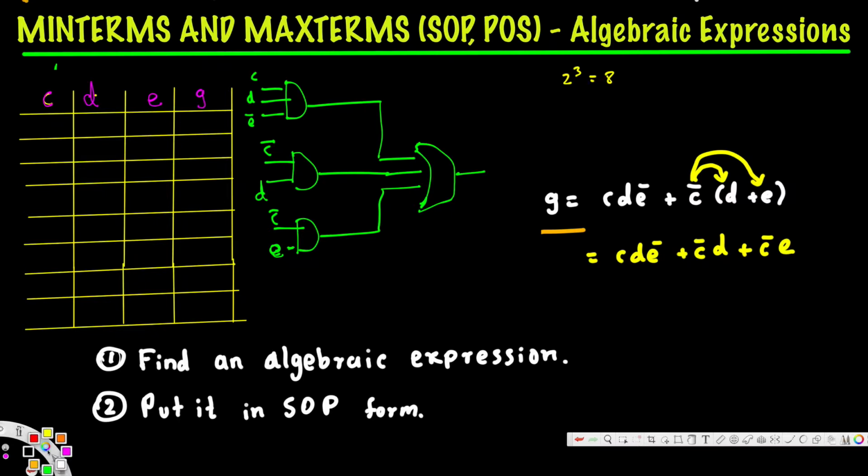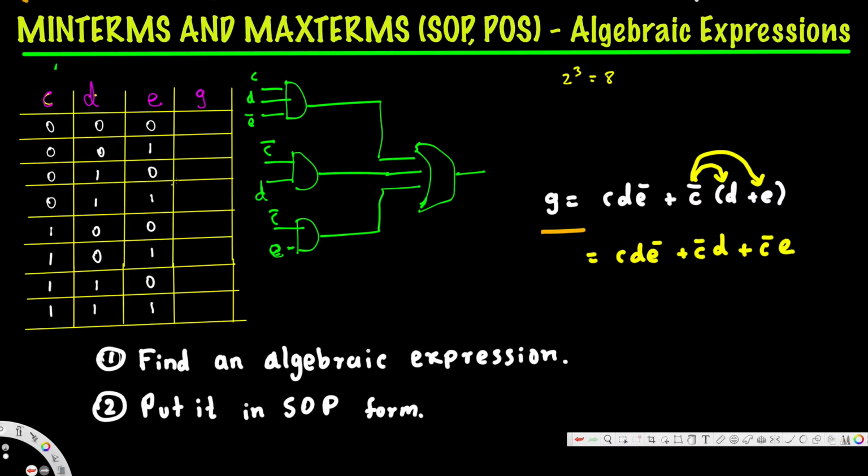To remember the combinations easily, the pattern goes like this: 0 1 0 1 0 1 0 1, then 0 0 1 1 0 0 1 1, then four 0s and four 1s. So this is going to be the combination.